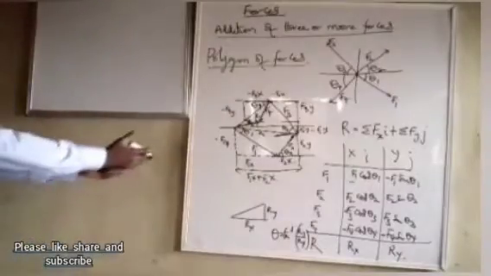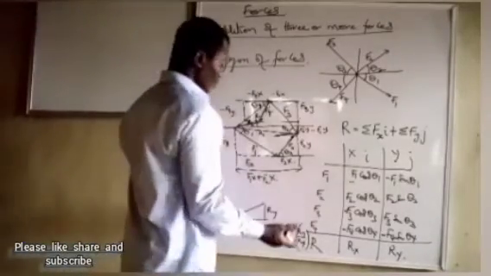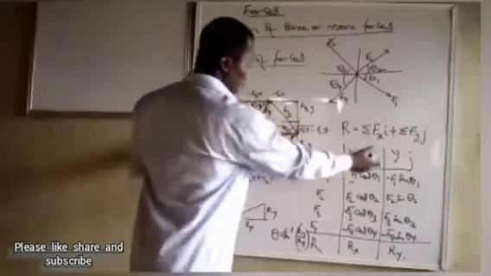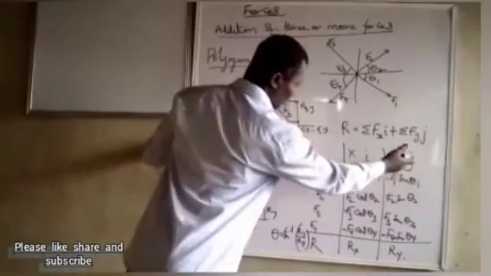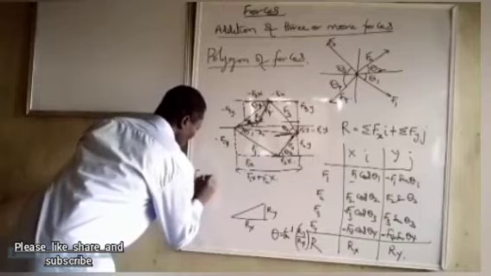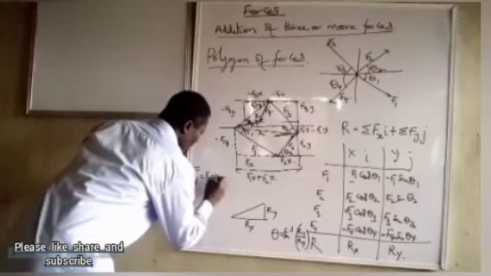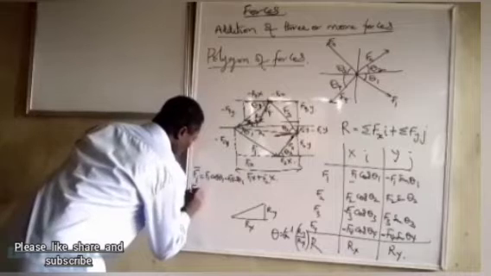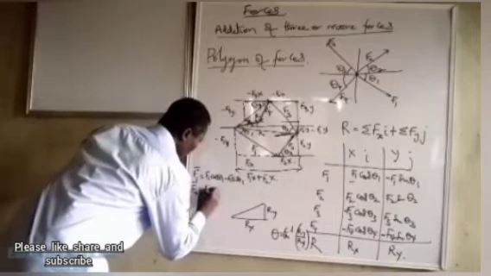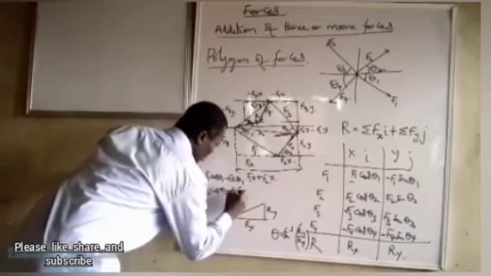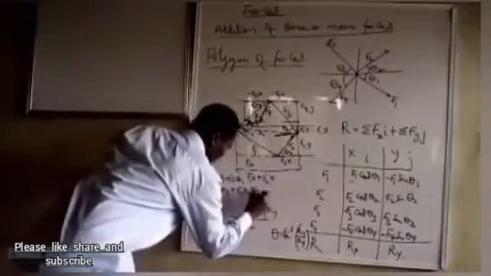And if you use normal vector notation, we just break this one to be F1 is F1 cos theta i plus minus F1 sin theta j. So F1 will be F1 cos theta 1 minus F1 sin theta 1. Same thing will be for F2. F2 cos theta 2 plus F2 sin theta 2.